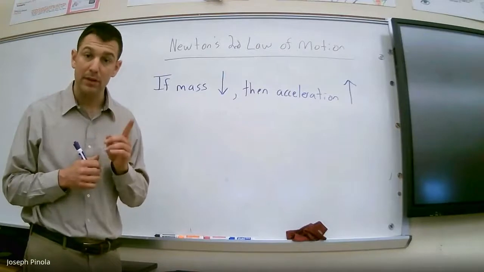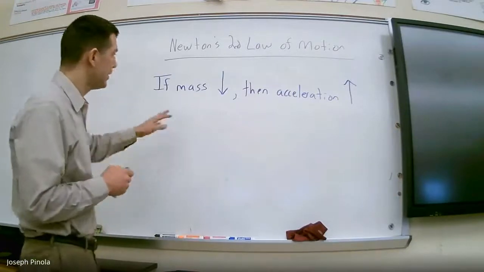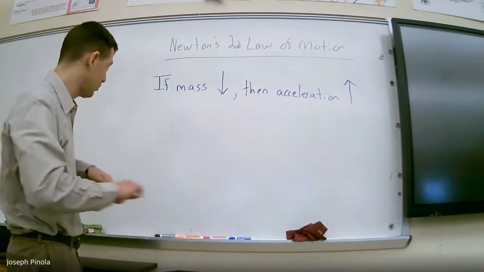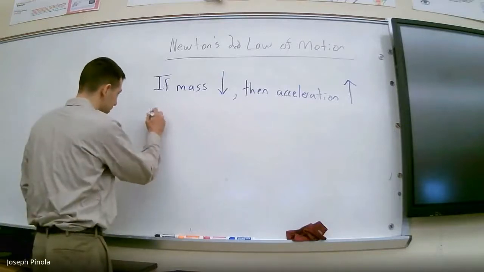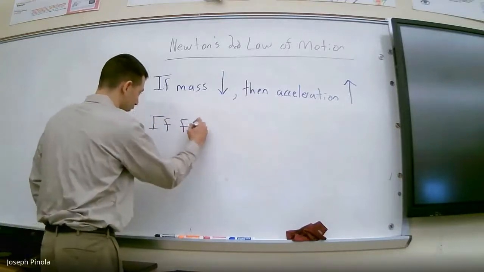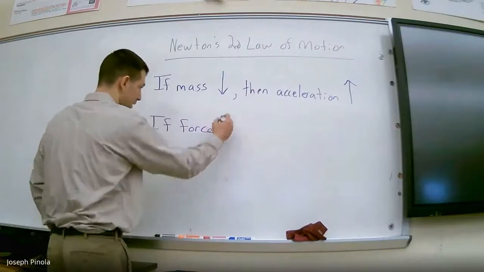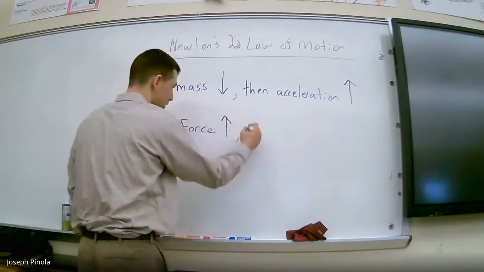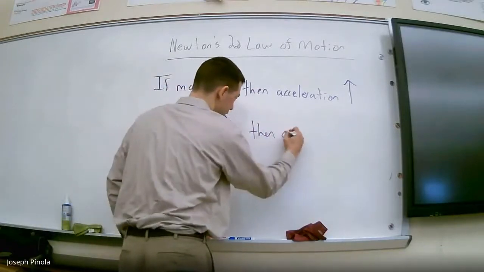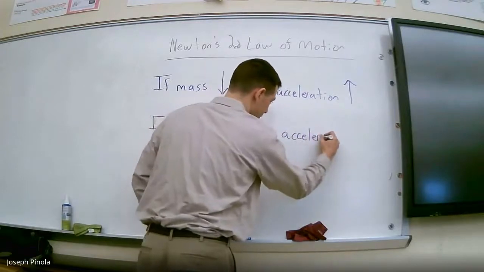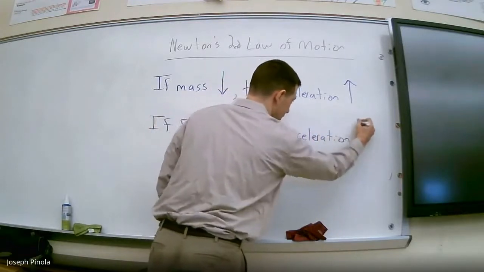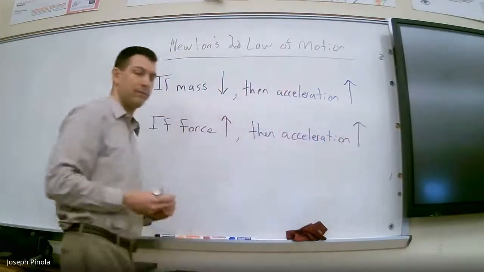So, keeping the mass the same reveals the second part of Newton's second law of motion. And that says that if the force increases, then the acceleration increases as well.